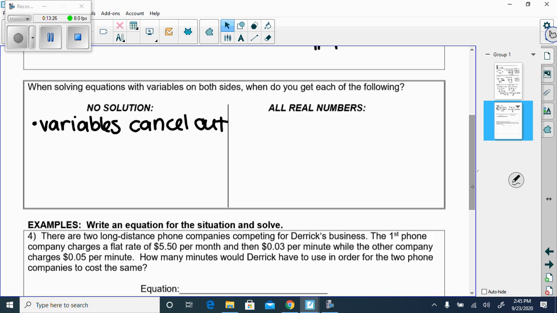And what's going to happen about our numbers that remain? What did we write down? They won't equal each other, or it's a false statement, right?